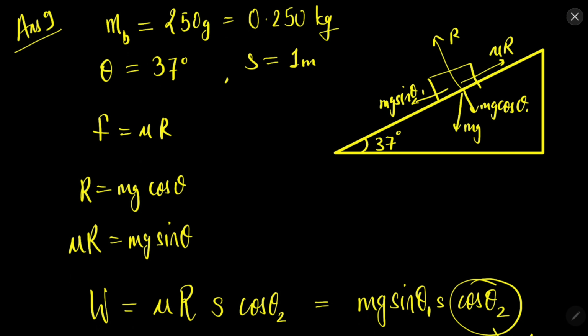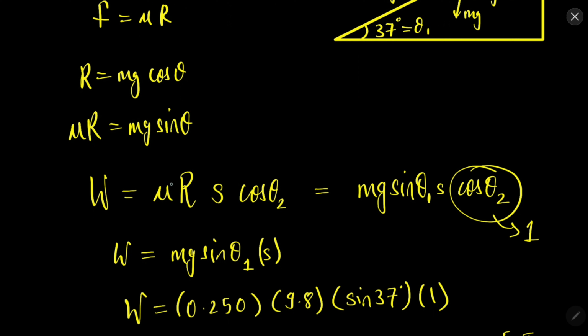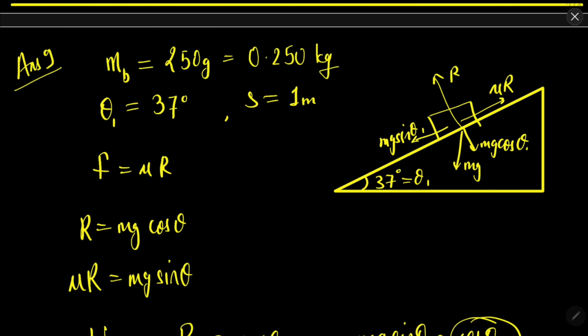So first let me write it, theta 1. So this theta 1 is 37 degree, so mg cos theta 1, mg sin theta 1, this is R, this is frictional force mu R. So we need to find the work done because of friction, so mu R into displacement into cos theta 2. This theta 2 is the angle between frictional force and displacement, so it is 0 degree because we are finding the displacement along this direction only.